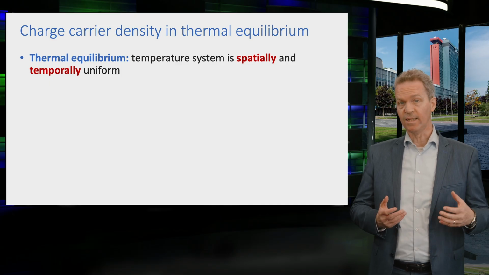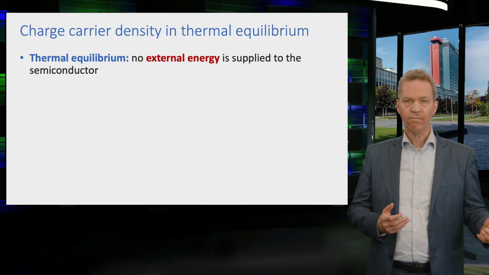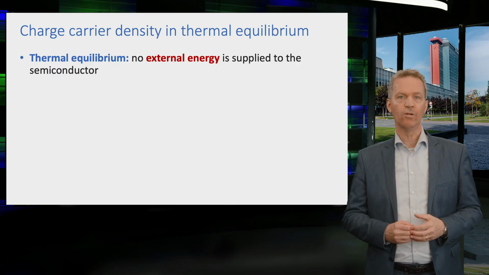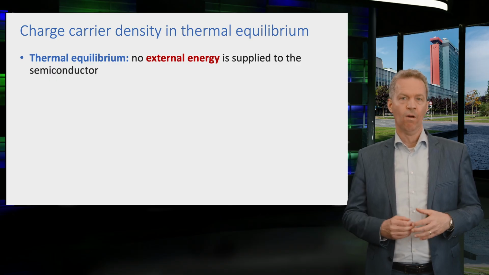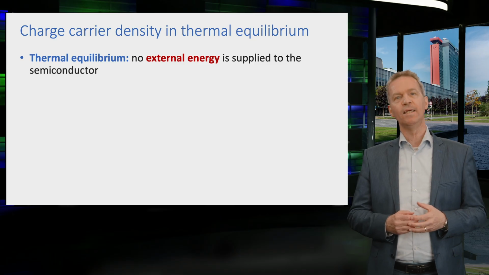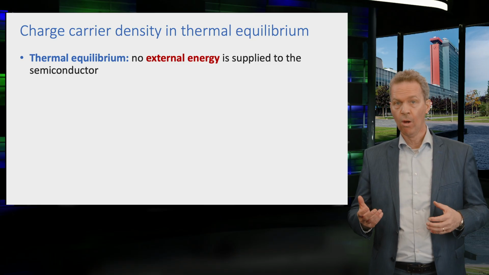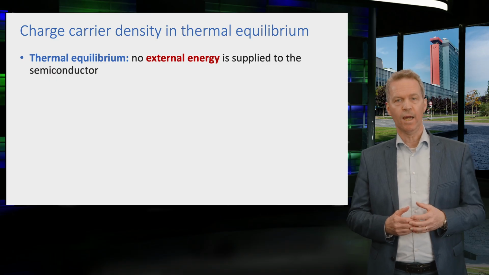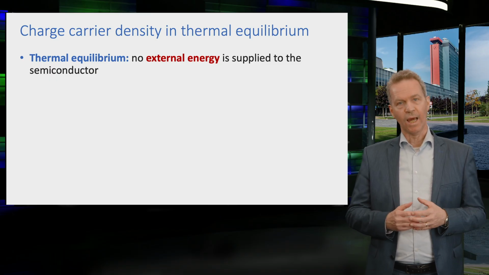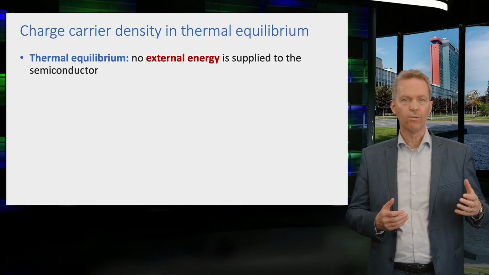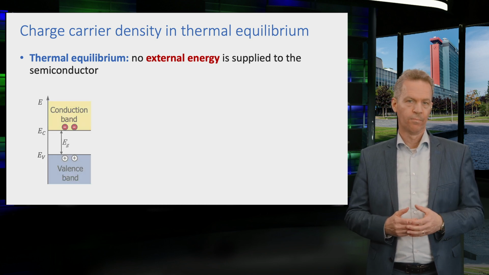We will state that a semiconductor at a given temperature is in thermal equilibrium when no external energy is supplied. For solar cells, this external energy is provided by the photons, but you can also think of heat or injection of charge carriers. In order to calculate the free charge carrier concentration, you have learned to consider the band structure.